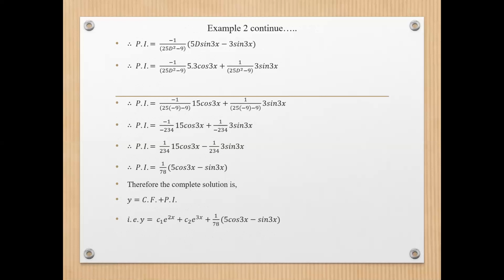We get minus 1 upon 25D square minus 9, here 5 into D of sin 3x. As you know, 1 upon D is nothing but first integration, 1 upon D square is second integration, 1 upon D cube is third integration, and so on.